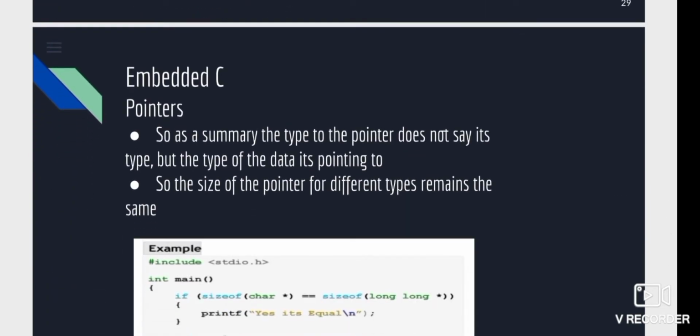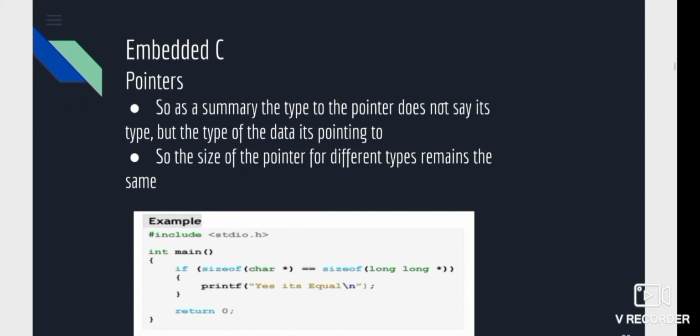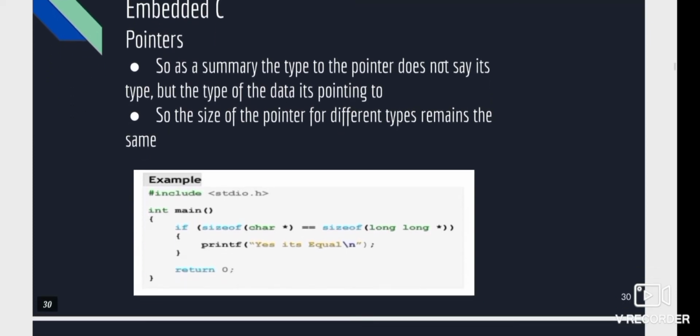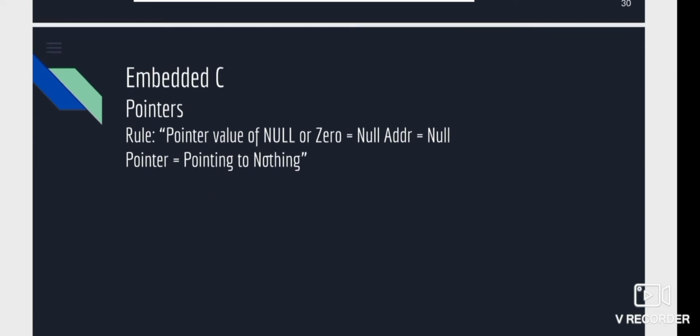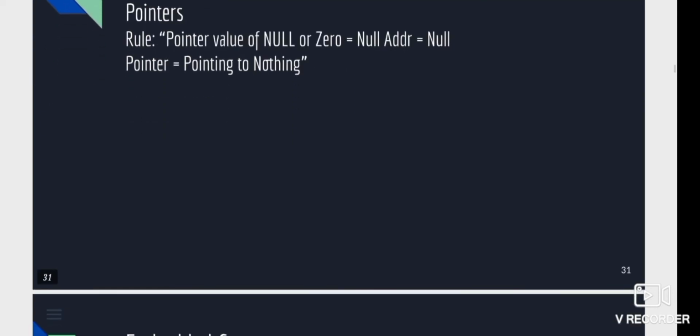So, as a summary, the type of a pointer does not say its own type, but the type of data it is pointing to. So, the size of pointers for different types remains the same. Rule: a pointer value of null or 0 equals null address or null. The pointer is pointing to nothing.